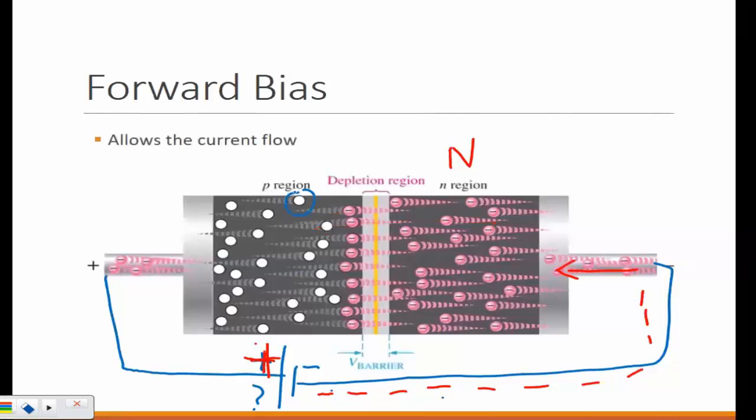Now, the P region is very rich in holes, correct? And you have positive here. So the holes will effectively, when these electrons come this side, this positively charged may try to go towards the other side, attracted towards the negative side.